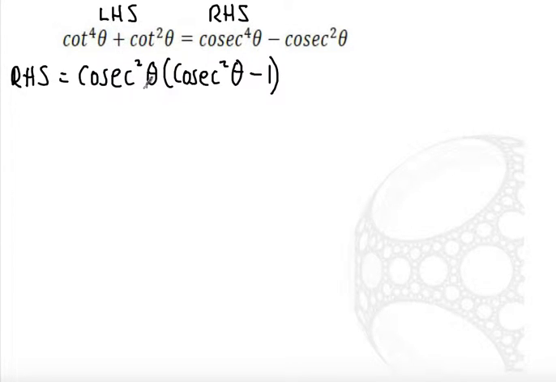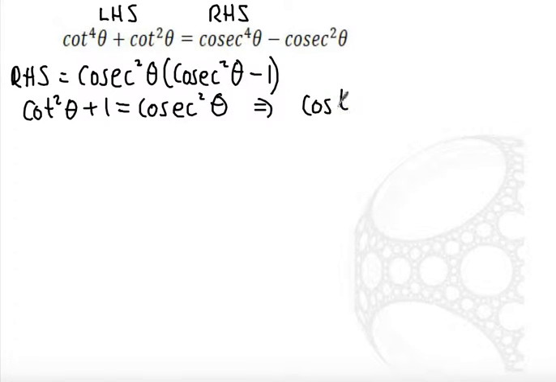At this point, it's worth noting that I know that cot squared theta plus 1 equals cosec squared theta. This can also be rearranged so that cot squared theta is equal to cosec squared theta minus 1. And what I can do in this case is replace this cosec squared theta with cot squared theta plus 1.